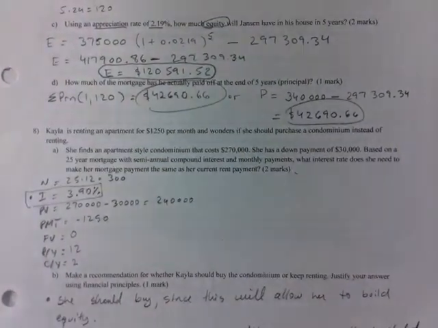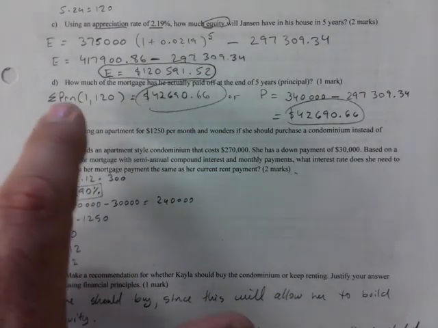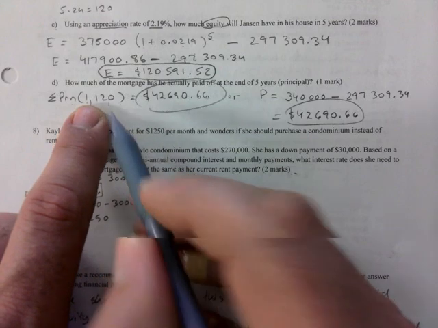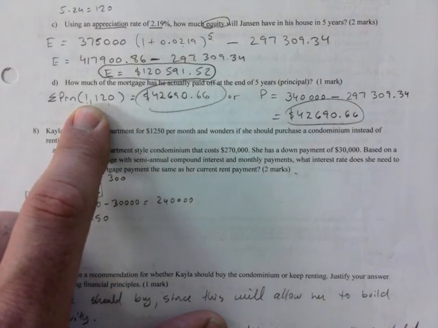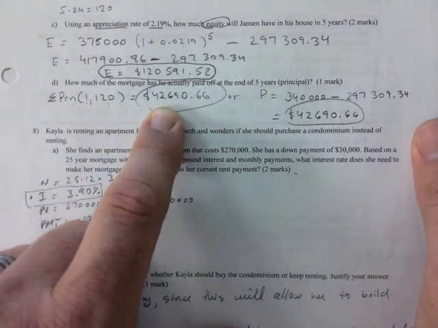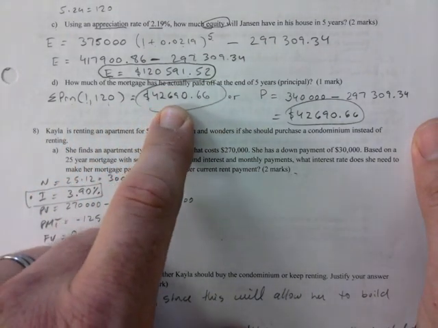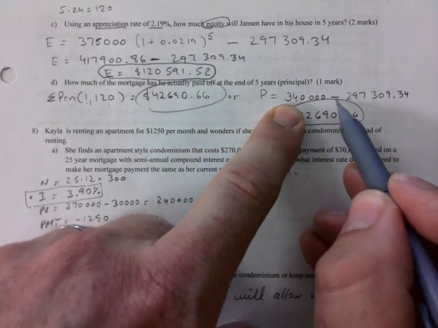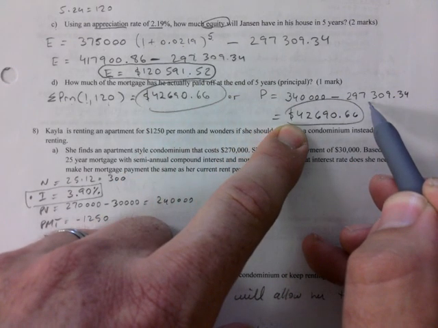So there we go, 120,000 is your equity. Next, you had your principal. Some of you actually used this one. It doesn't happen very often, but I feel like you must have seen it when you did the homework. So the principal is how much you actually paid off. Or you could have gone 340 minus what you owe in 5 years.